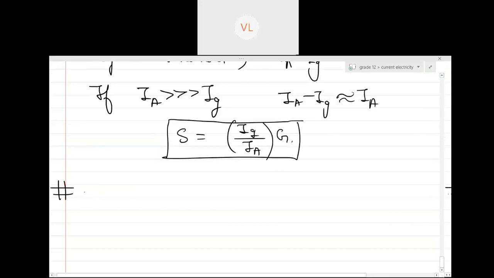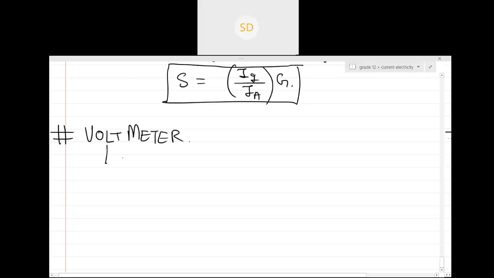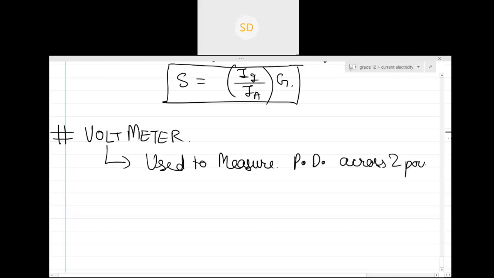Chalo. Next device is your voltmeter. What is a voltmeter? What is the device used to measure potential difference across 2 points in any circuit, any part?